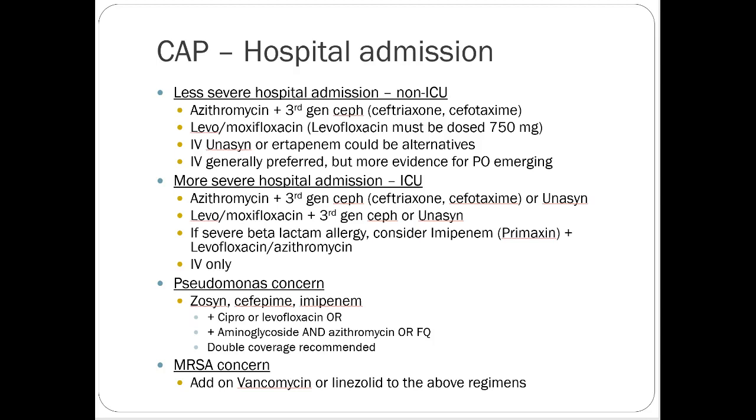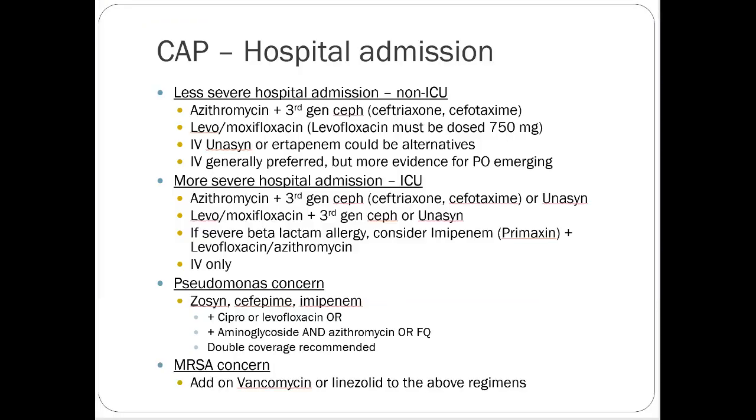This gets a little complicated. The other option you could do is, sorry, my computer just shut off. There we go. You could do an aminoglycoside and azithromycin. That gets really messy. I think this one would be the preferred option here. And double coverage, again, is recommended. For a while, double coverage has been controversial on and off, on whether you really need two anti-Pseudomonal drugs to cover Pseudomonas, but for the most part, people recommend it.